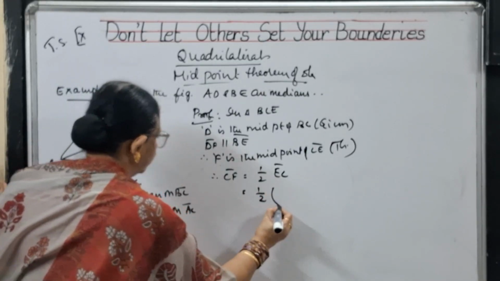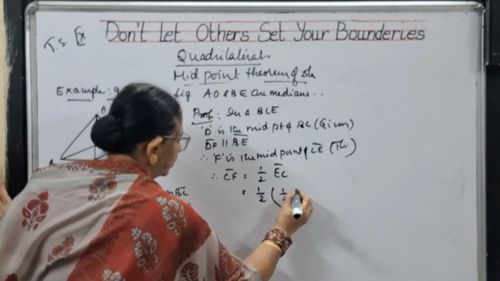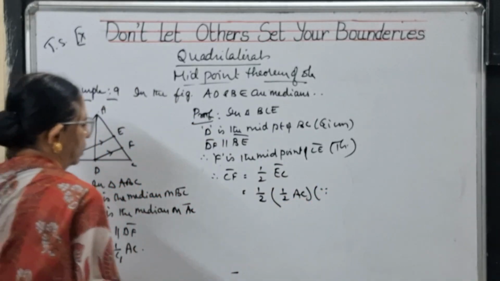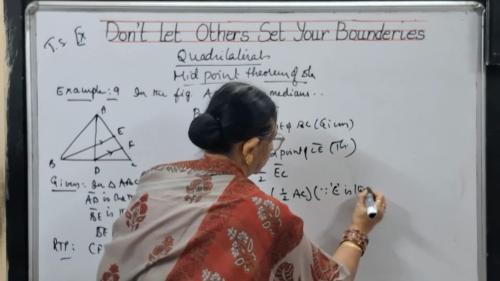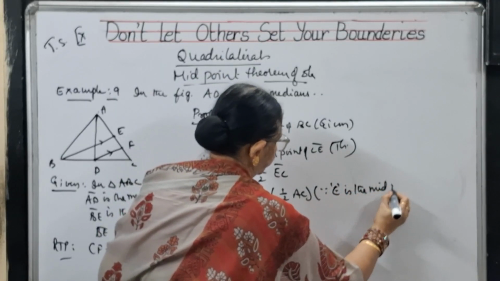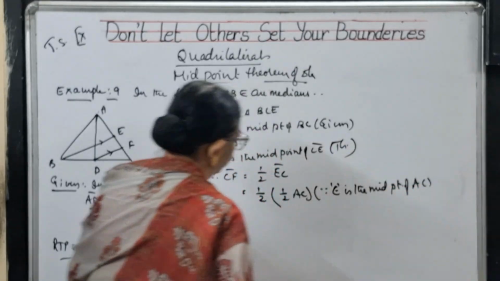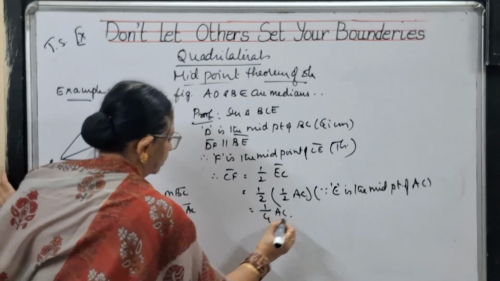Now, what is EC? EC is nothing but half of AC. Why? Because E is the midpoint of AC. So CF is half of half of AC, that is 1/4 of AC.